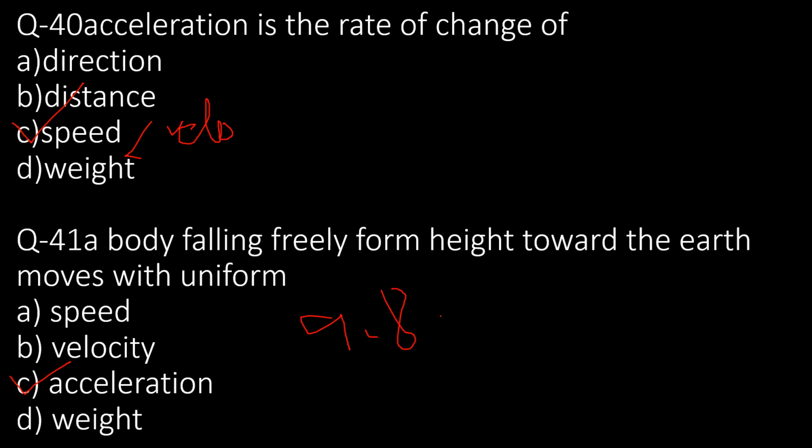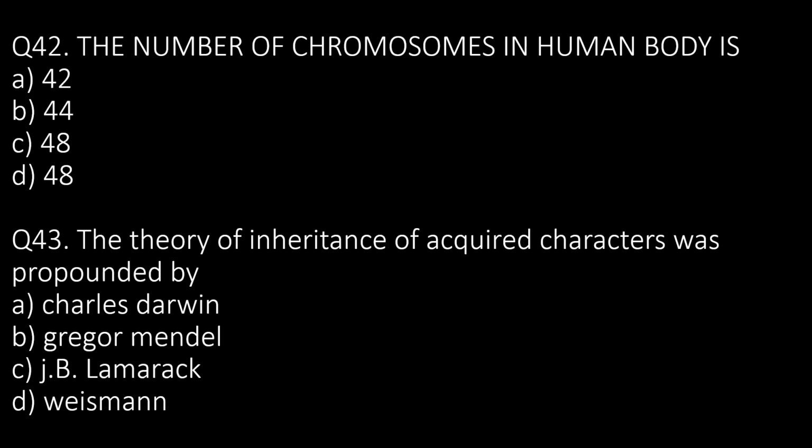Our next question is, the number of chromosomes in the human body is, and the right answer is 46 or 23 pairs. Our next question is, the theory of inheritance of acquired characters was propounded by, and the right answer is option C, J.B. Lamarck.